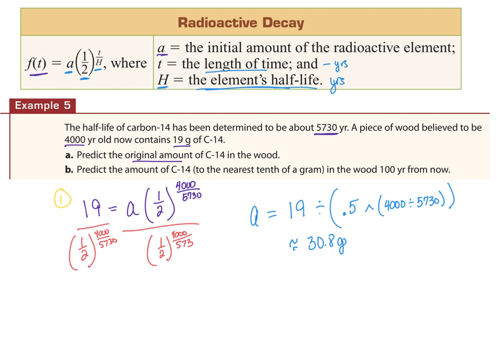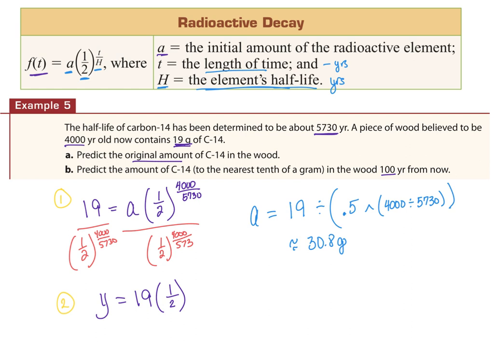Predict the original amount. The second question then wants us to predict what it will be 100 years from now. So what we have right now is the 19. So when I'm doing this time I am solving for what it will be. So we're going to start with what we have right now, which is 19. We are going to use the same base, which is 1/2.